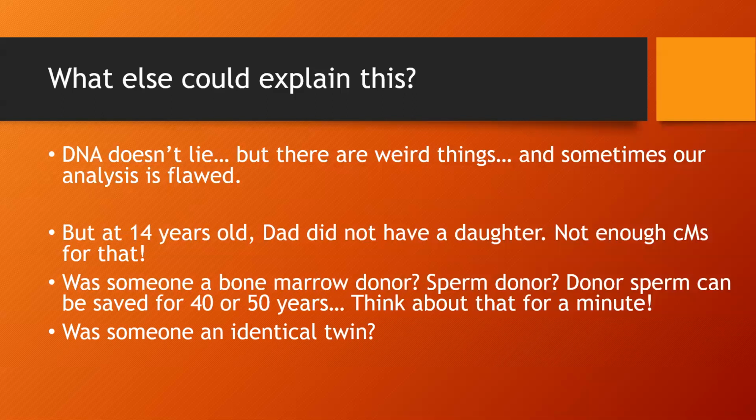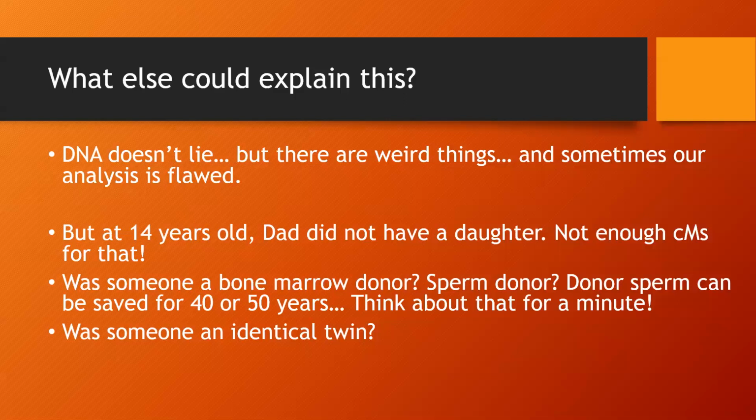So let's say, for example, one of the tester's father's sisters was an identical twin. Back in the 40s and 50s, during childbirth, a lot of times women were sedated or knocked out. My mom says knocked out. Actually, my mom says knocked up and knocked out. But when women were knocked out, sometimes they delivered more than one child and did not know it.